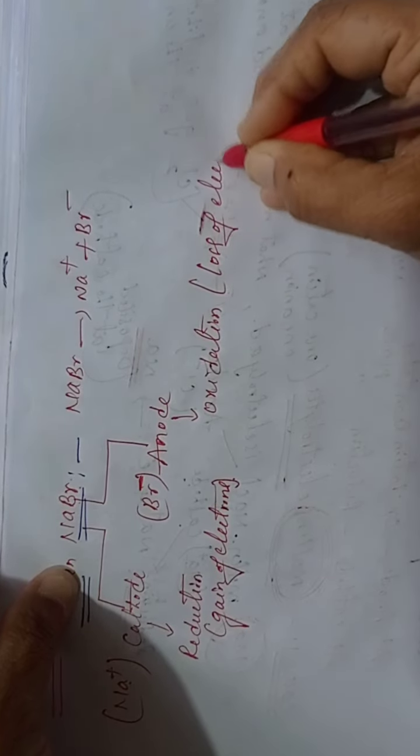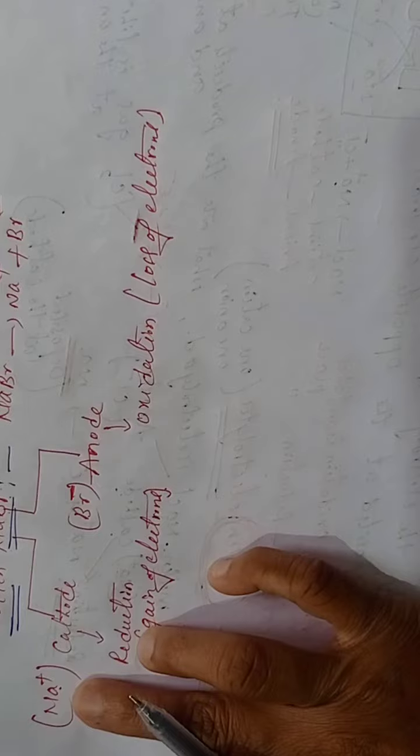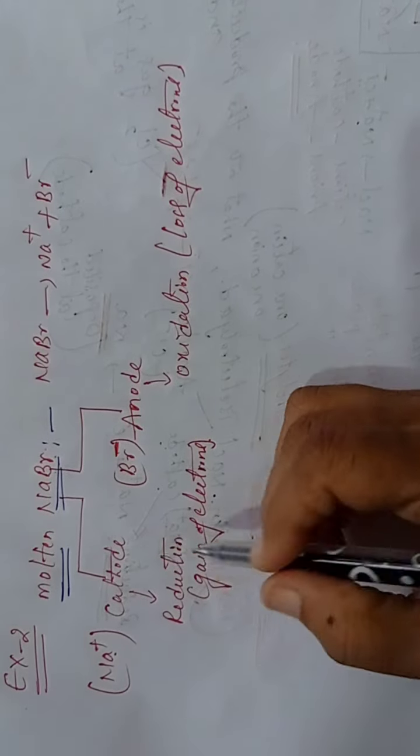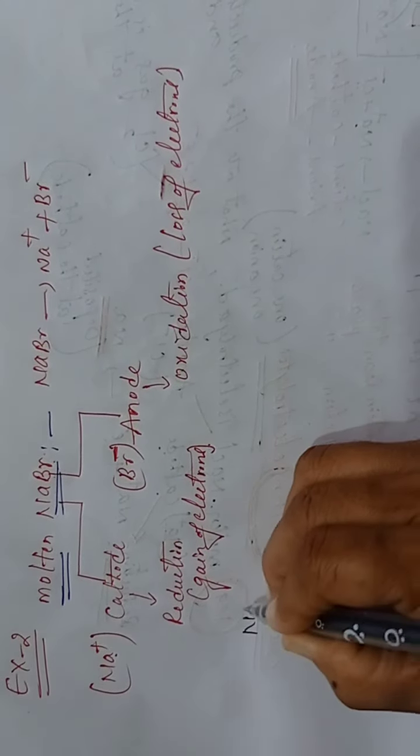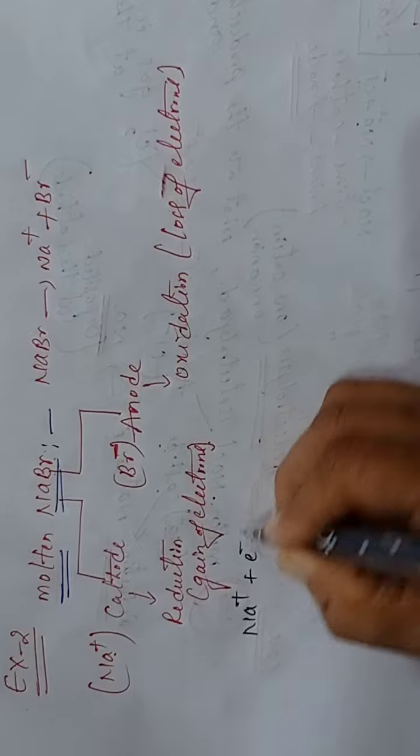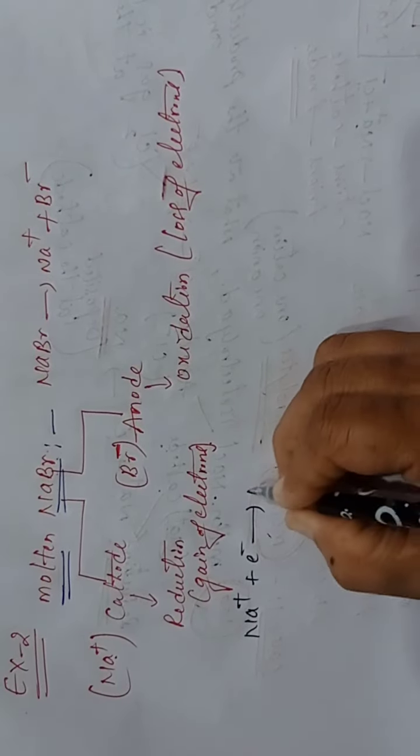Here Na plus ions undergo reduction. So Na plus ions, by gain of one electron, become sodium.